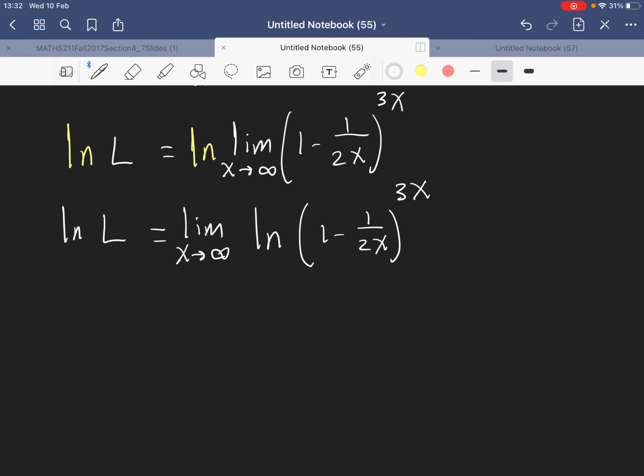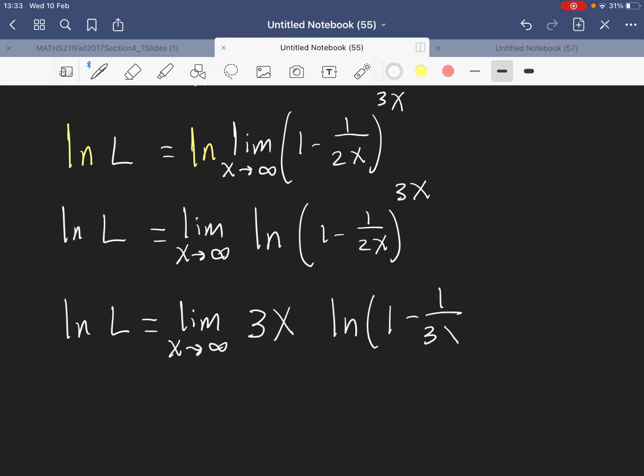And this power will go down into the ln. So it will be 3x times ln of something. Of course, this is multiplication.